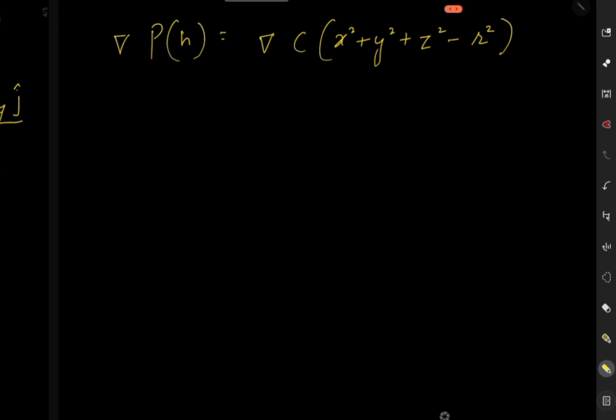So gradient pH will become gradient of c times x square plus y square plus z square minus r square. Since c is a numerical value, it is constant, it will come outside and the gradient will be applied on the changing variables inside.